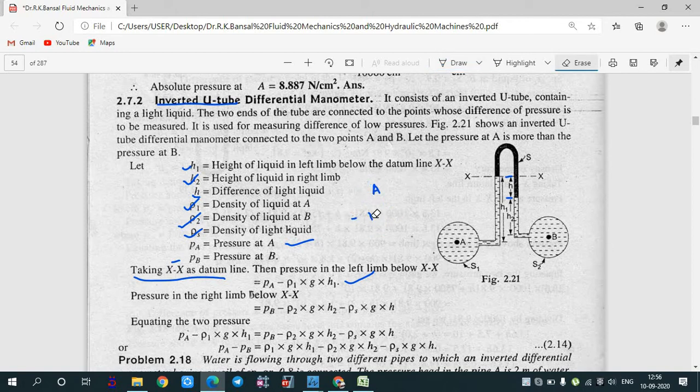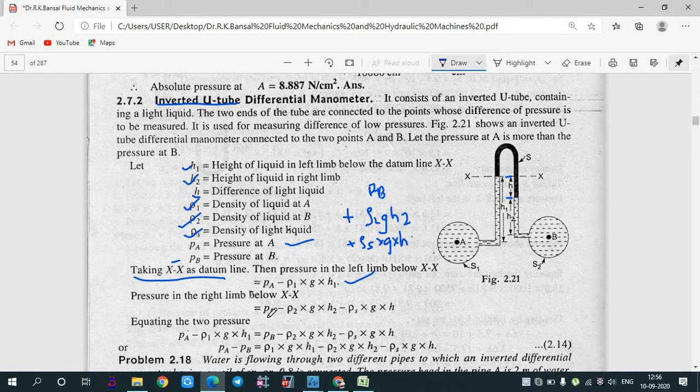Now the pressure in the right limb has vessel B, so it will consist of the pressure in B, plus the second liquid, which has density rho2, multiplied by g and by the height H2. It also has the lighter liquid, with notation sigma s, so it will be sigma s into g into the height of the lighter liquid, H. This will be on the right limb.